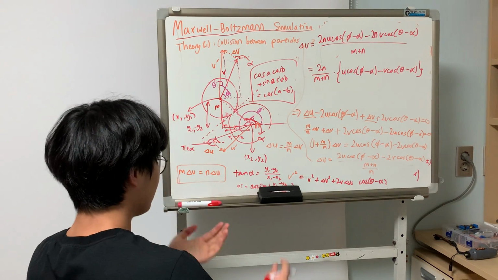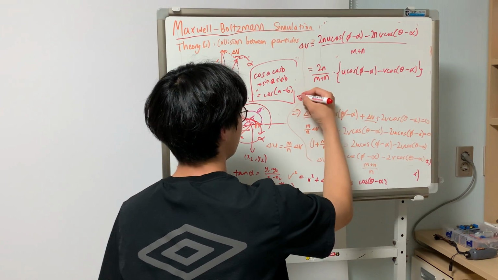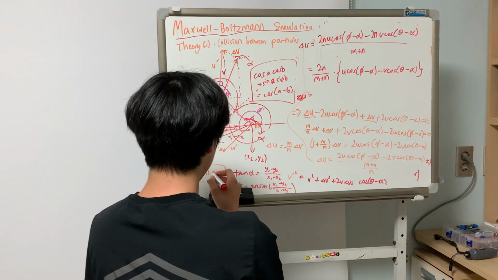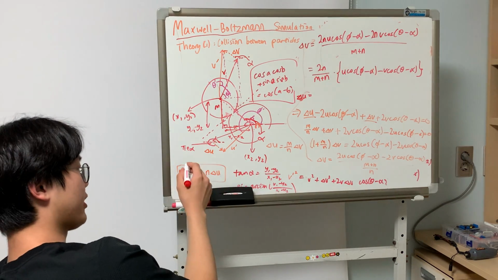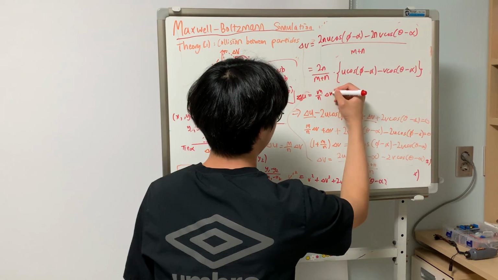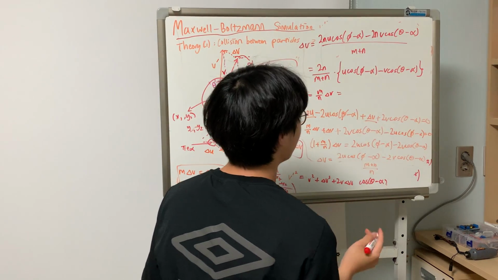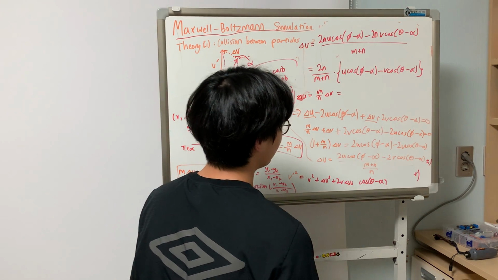And then delta u, we know from this equation over here, is m over n times delta v. So here, what we have is that times m over n.